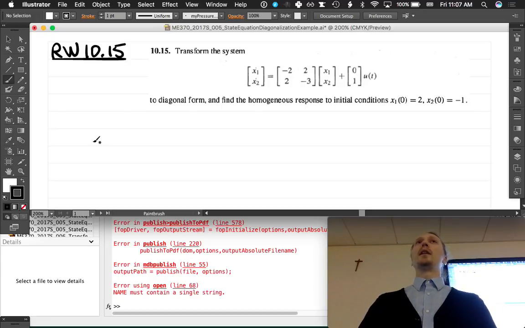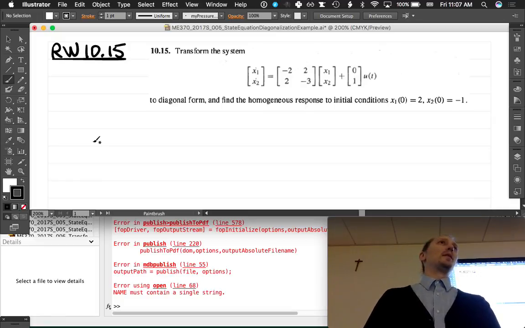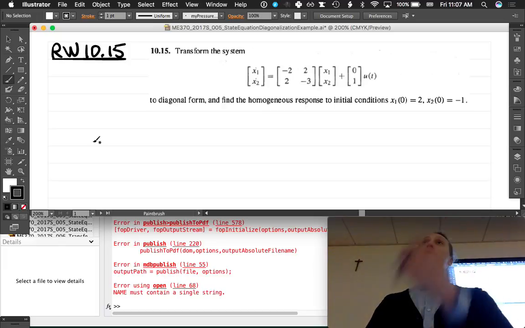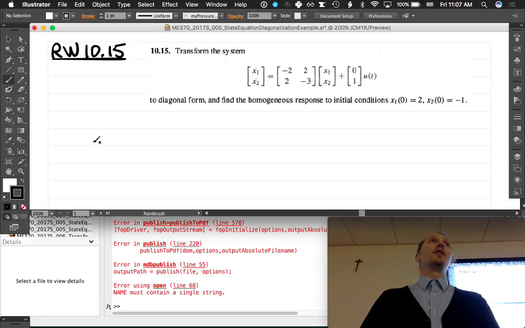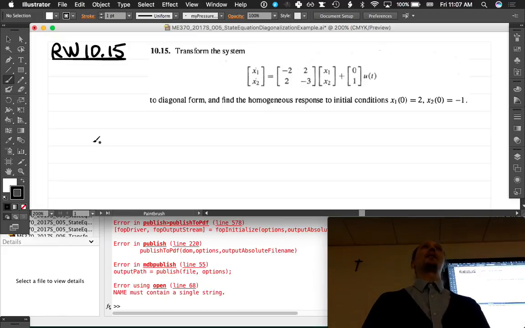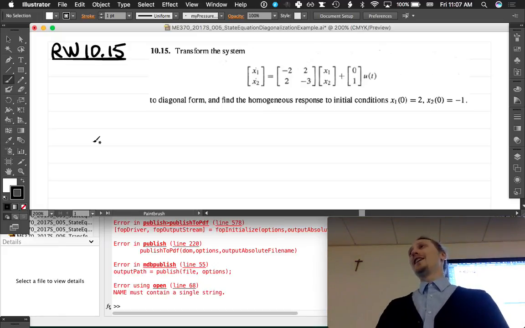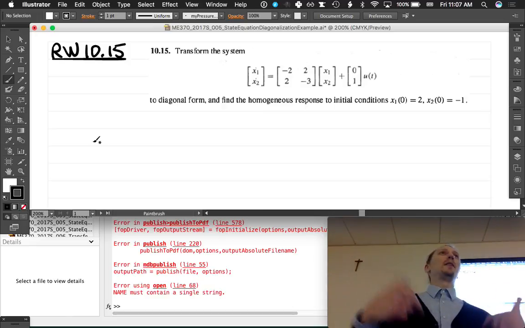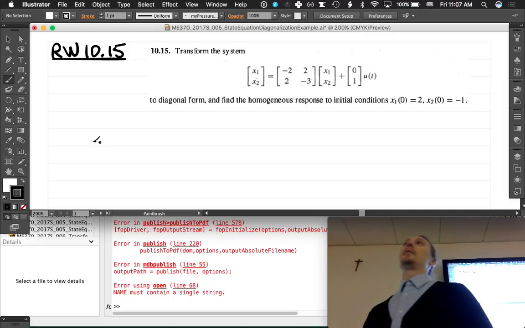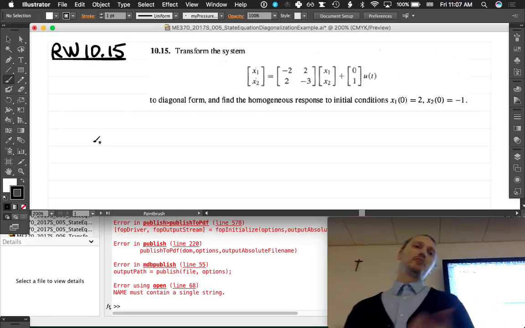I left it up there on this site, so they're both called Note Set 5, which is kind of confusing, but they're just both examples of similar problems, but they're different. The Mathematica script's still up there, so you can print it off, or you could download it and play with it in Mathematica, and the computer's downstairs. It's really fun. But I thought that this was probably a little bit more useful for you guys to do it by hand and in Matlab. So I'm going to do both.